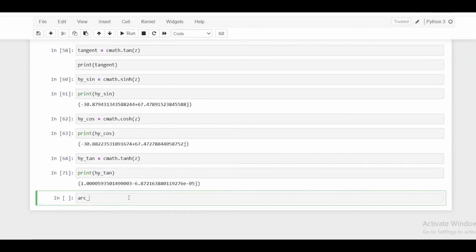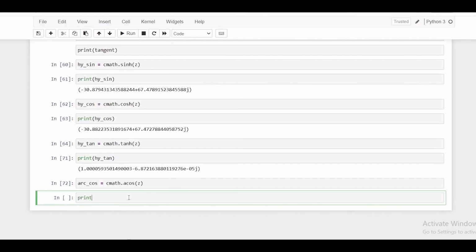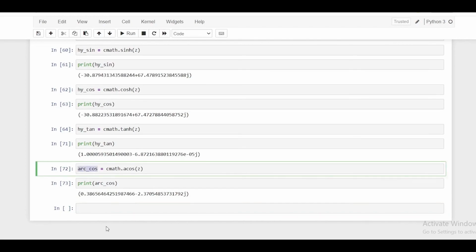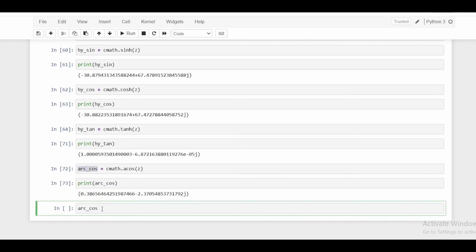So we can also find the arc cosine and arc sine in the cmath module. In order to find the arc cosine of a particular number, we can use the dot acos method to find the arc cosine of a given complex number. So here we found that for our complex number, the arc cosine is 0.38 minus 2.370j.